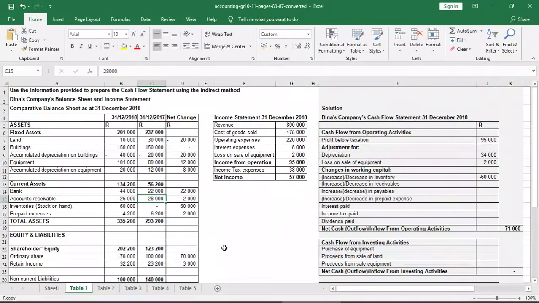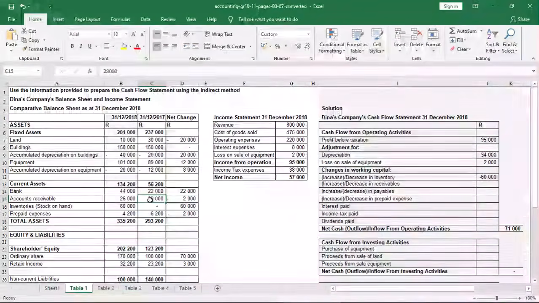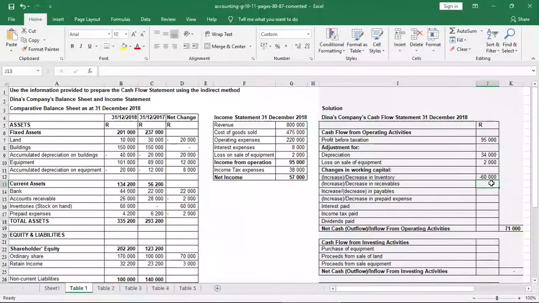Remember, I've already done the net change between the two. At the beginning we had 28,000 rand receivables, and at the end of 2018, we have 26,000 rand. That means we have a 2,000 rand difference. So it has decreased. If it has decreased, it's not in brackets, so we put it in as a positive. So we put it there, 2,000 rand.